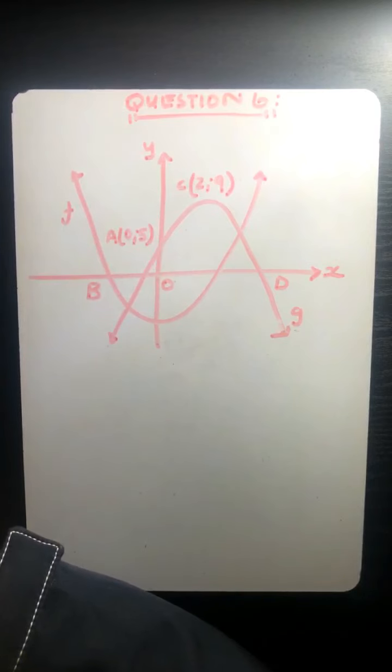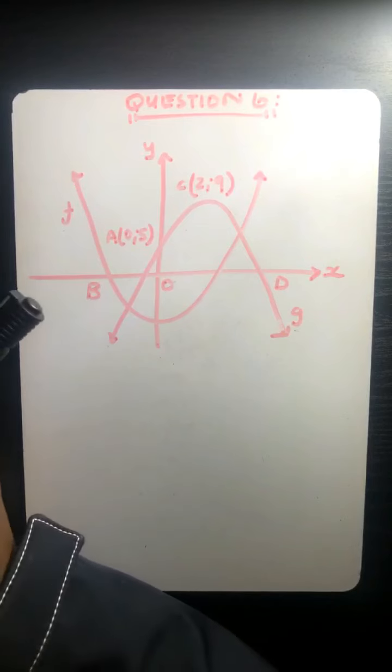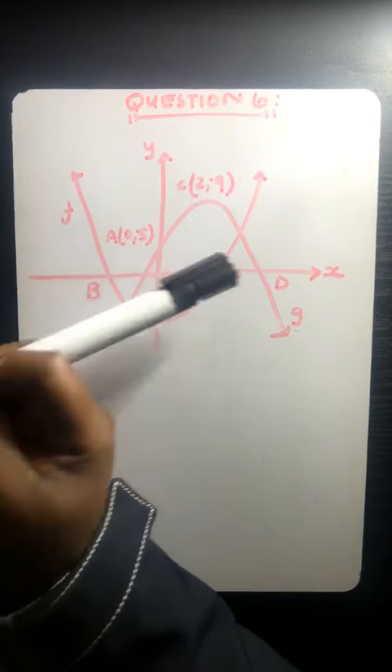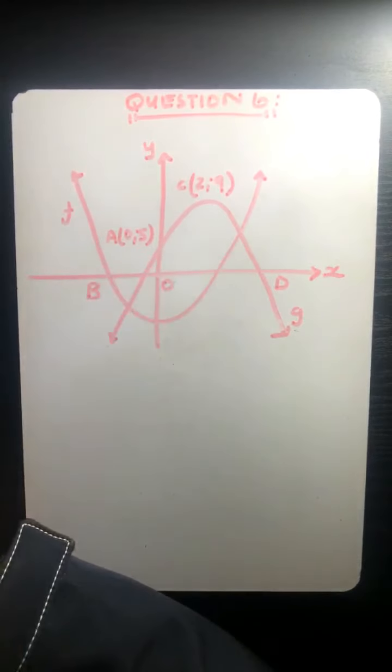B and D are the x-intercepts of F and G, respectively. Where is B? Oh, there's B and there's D. There's something tricky about those two, and I can sense a very nice question coming.